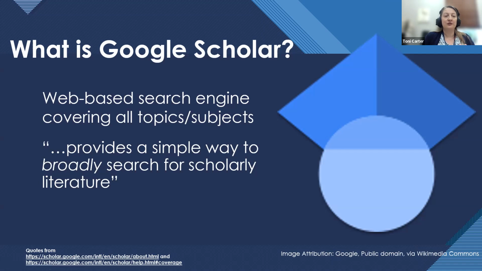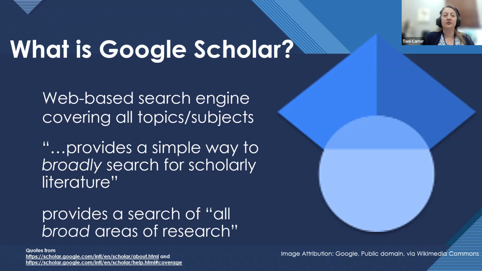Just a few sentences further, it says it provides a search of all broad areas of research. So you'll notice that word broad is going to be a theme, although really broad is a very ambiguous word. Is that the right word? It's hard to define broad. So take that for what it is, but that's how they describe it, as broad.